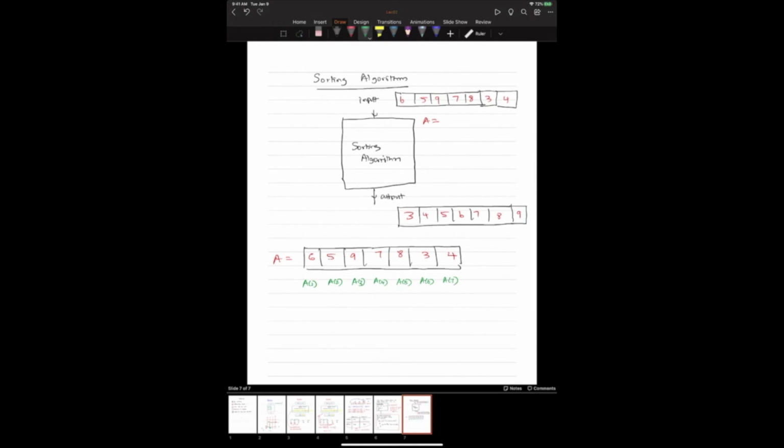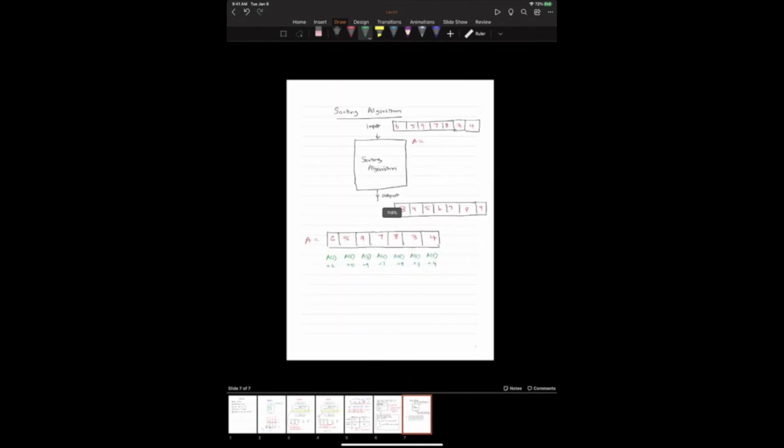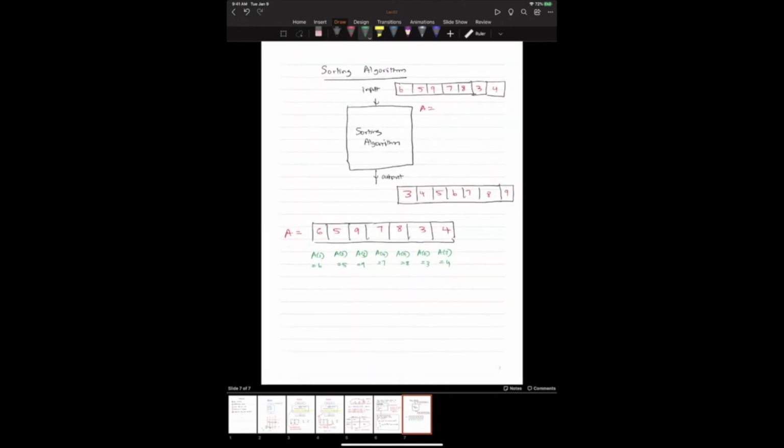So A1 is 6, A2 is 5, A3 is 9, 7, 8, 3, 4. Now let me restate the goal here.